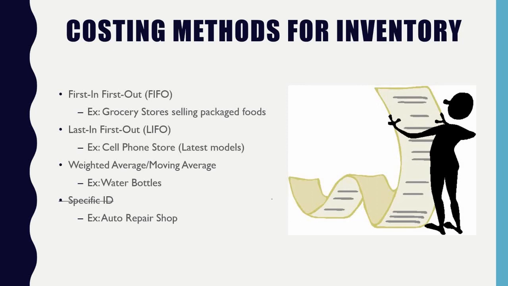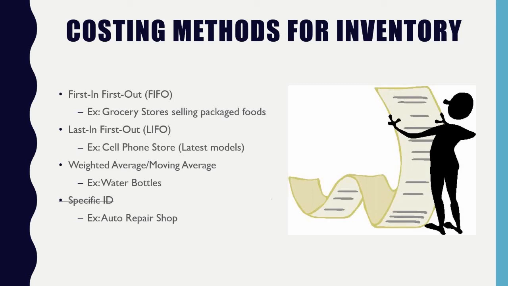Periodic and perpetual are the tracking methods. So whether we keep track of it periodically or perpetually, you're going to have the same concept or same idea on how to calculate the cost, okay?